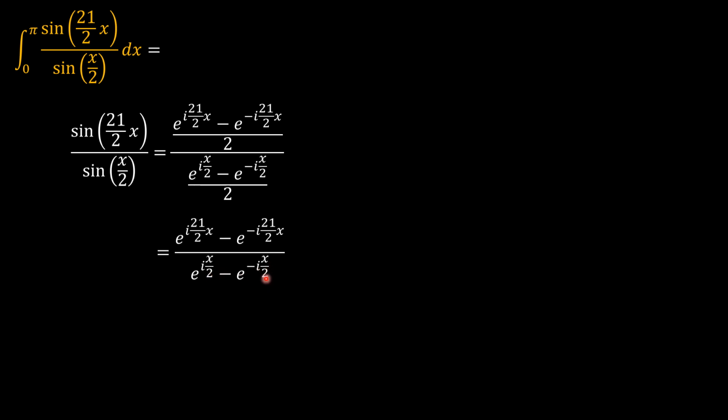If we pull out of the numerator e to the power negative i 21 over 2 x, we can express 21 over 2 as 10 plus 1 over 2, so 10x plus x over 2.